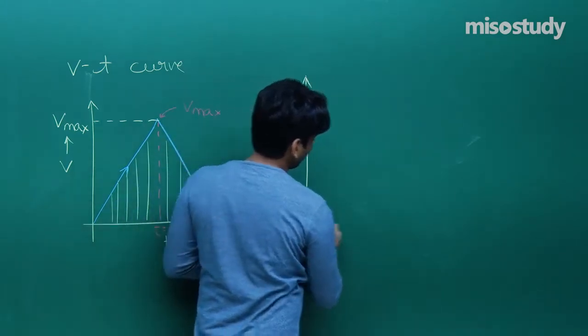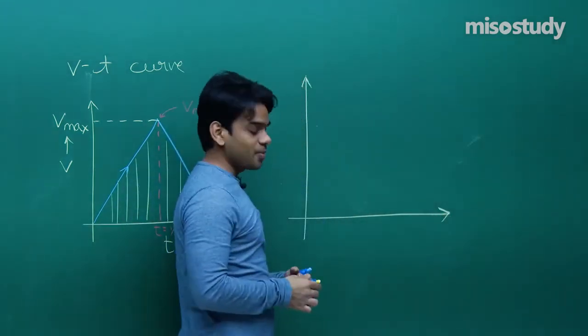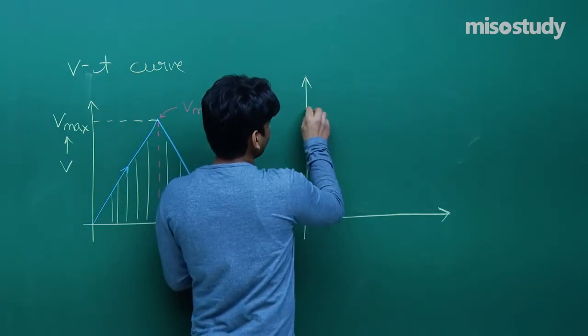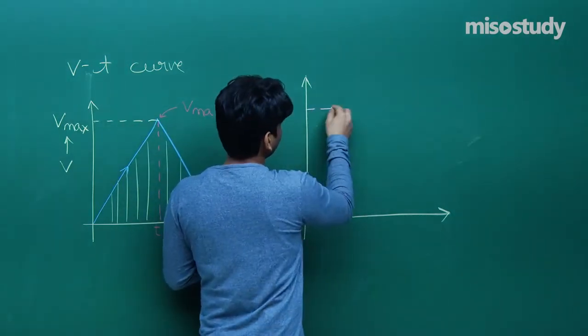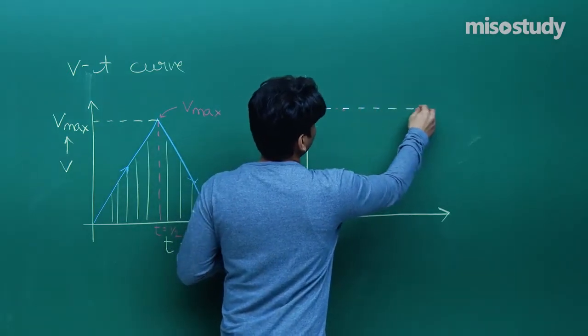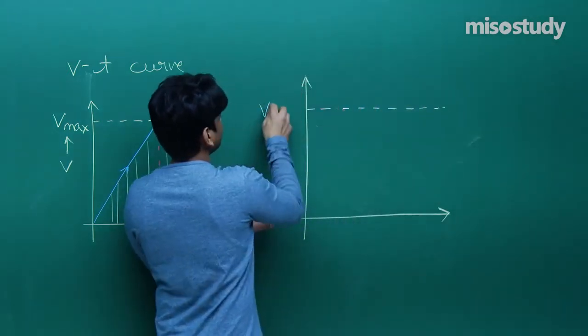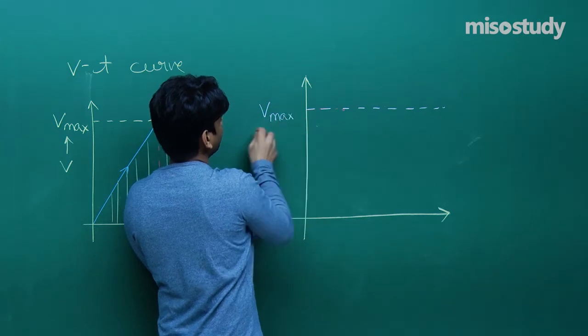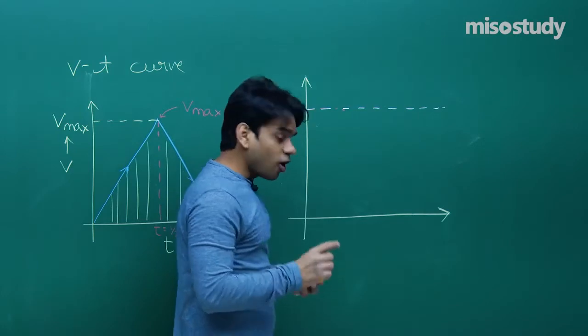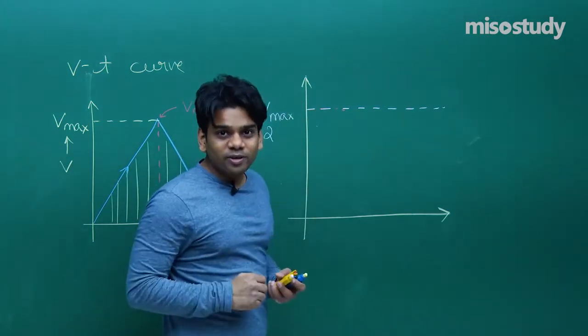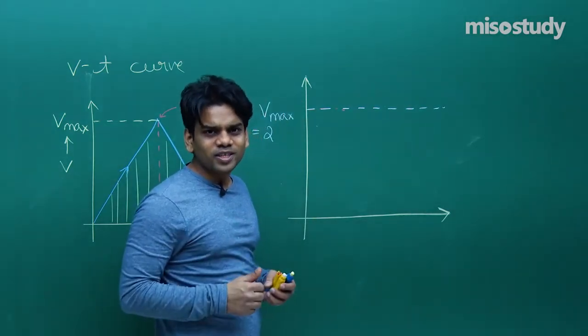Now I am going to draw again a VT curve, but this time in a different way. Let's say this horizontal line that I am going to draw here depicts the maximum velocity V max, that is 2 meter per second, or magnitude 2. Now see, for t equals 0 to t equals half that we've assumed, the particle velocity was increasing.